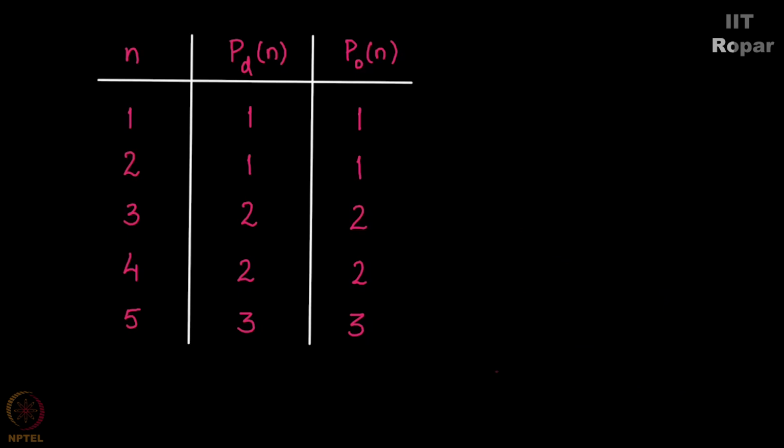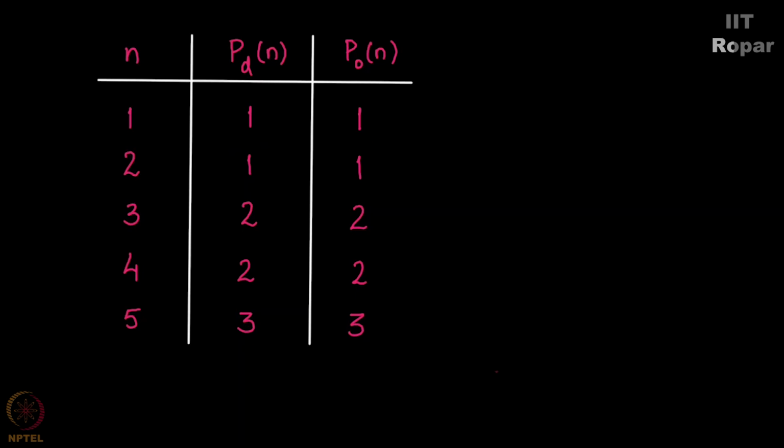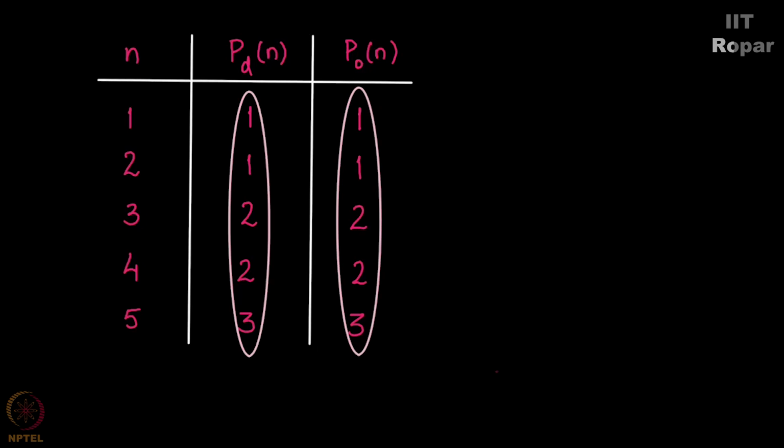We see some very neat observation. Observe these two columns: 1, 1, 2, 2, 3. For n equals 1 it is 1, 1. For n equals 2 it is 1, 1. For n equals 3, 2, 2. For n equals 4, 2, 2. And for n equals 5, 3, 3.